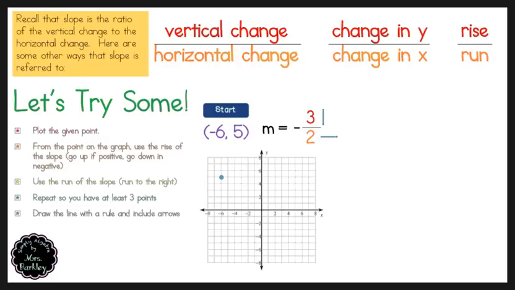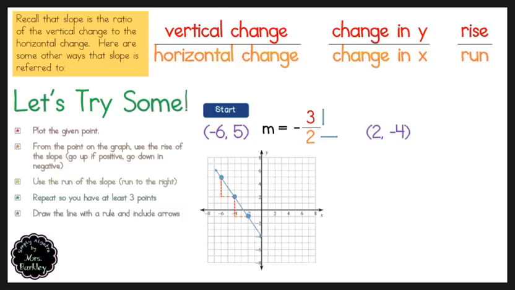From that point, I'm going to go down 3 to the right 2 and make another point. I'll continue and go down 3 to the right 2 and make another point. I will then connect those points and extend my line through those points with arrows at the end.